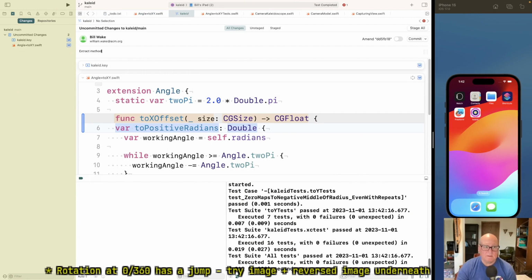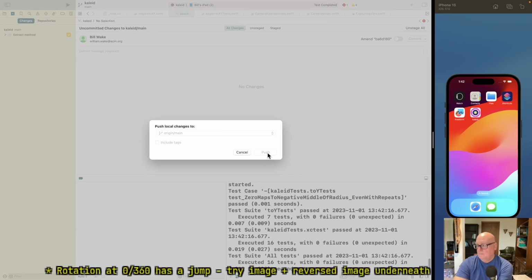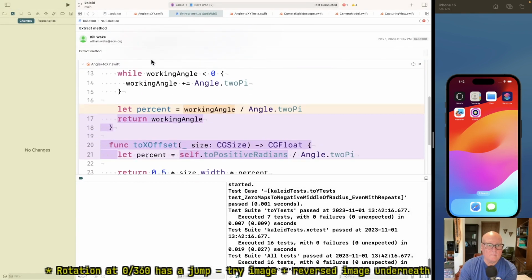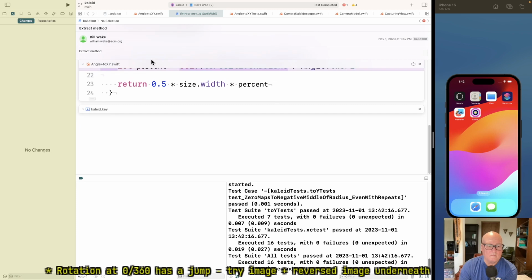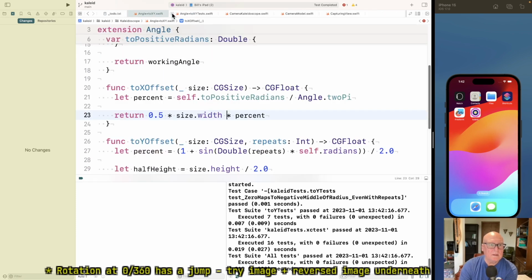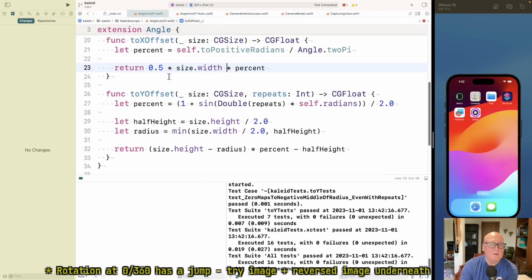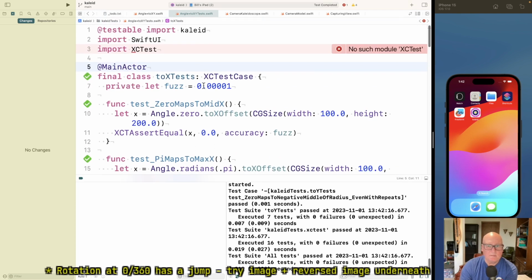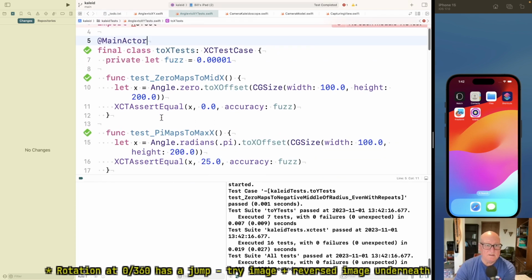Extract method. All right. Now, I'm not sure the best way to test this in, but we tested X and Y separately.